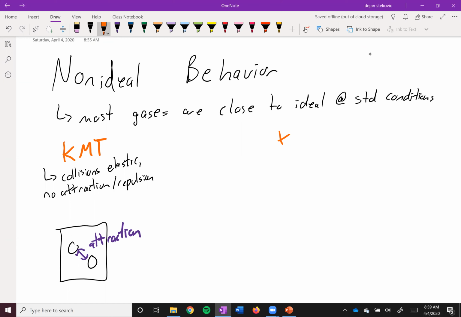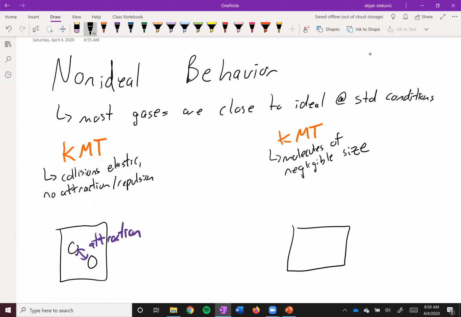Then the other part of kinetic molecular theory is that we said these molecules are of negligible size. And that's true under standard conditions, but when we jack up the pressure a whole lot, then we push these molecules closer and closer together, right?